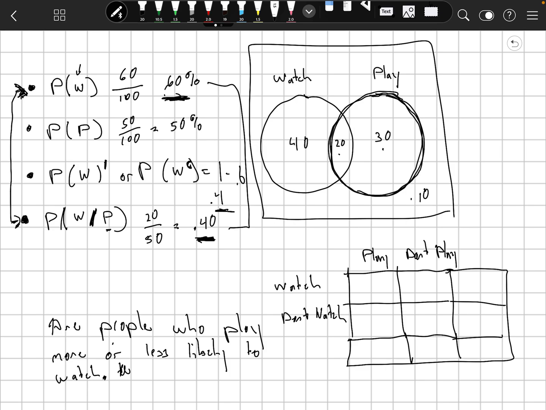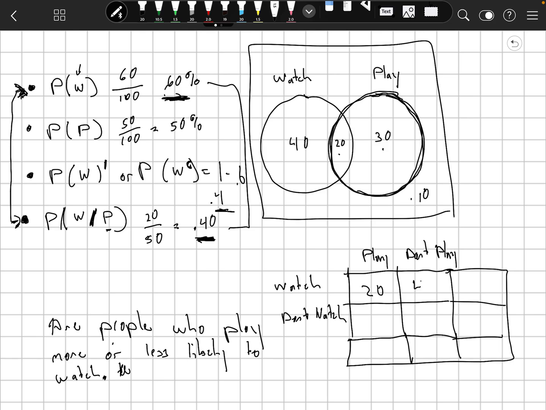Let's look at it as a table. So I'm going to try and fill in the numbers here. It says watch and play, kind of a joint frequency here. People who watch and play is going to be 20.